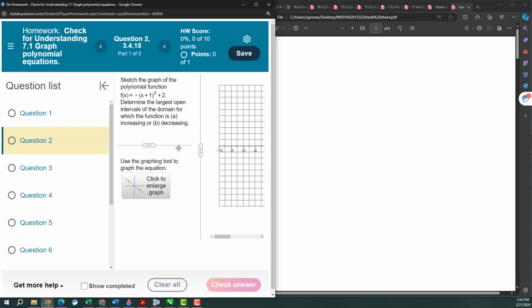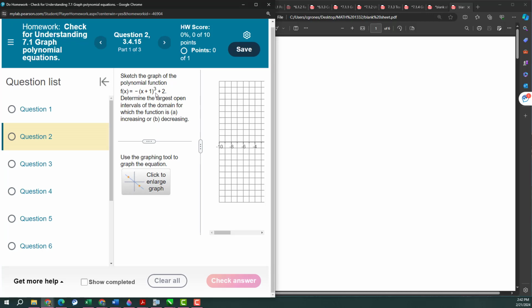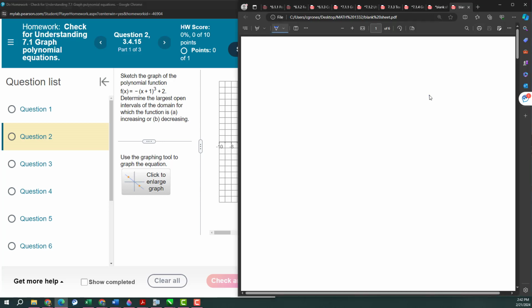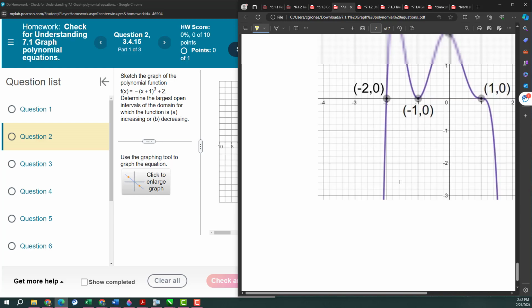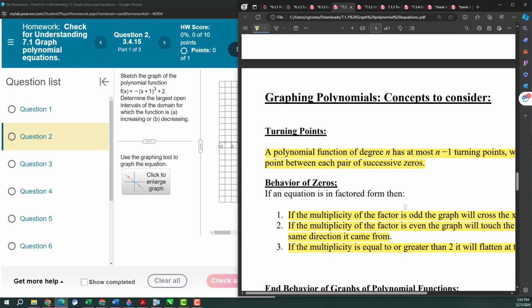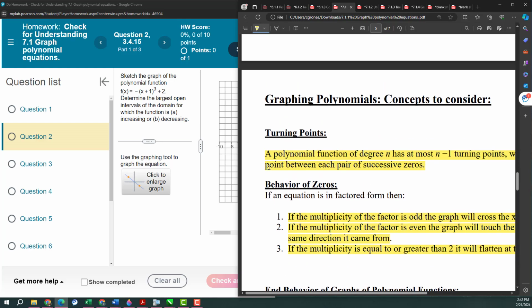Okay, so we know that our polynomial has a cubed, so our graph is probably going to be something like this or like this. It is going to have 2 turning points. Remember, our notes say that a polynomial function of degree n has at most n minus 1 turning points.